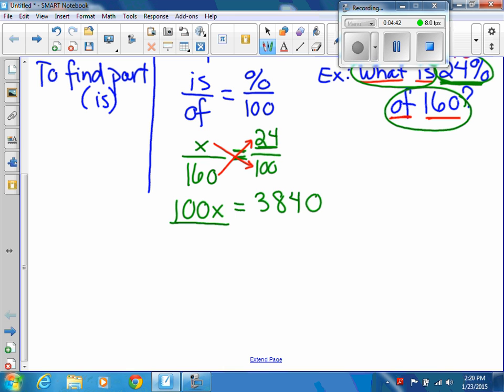In order to do that, I'm going to divide by 100 on this side, which means I'm also going to divide by 100 on this side. So my hundreds cancel out, and I'm left with x is equal to 38.40. Now remember, to divide by 100, all I'm doing is I'm taking the decimal that was in this answer right here, and I'm moving it 2 places to the left. That gives me my 38.40.